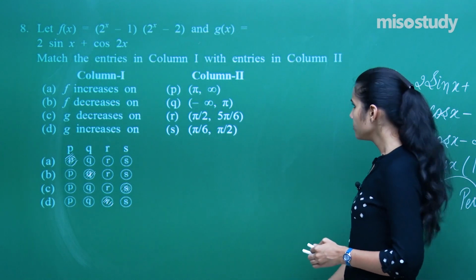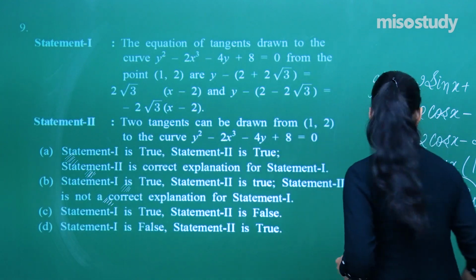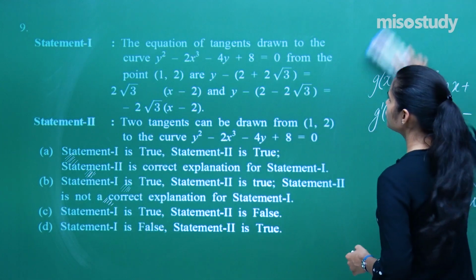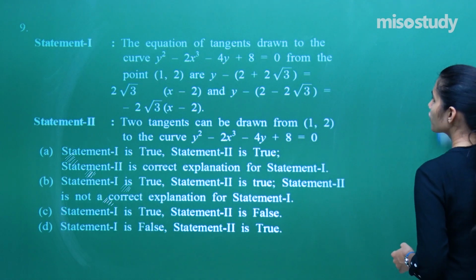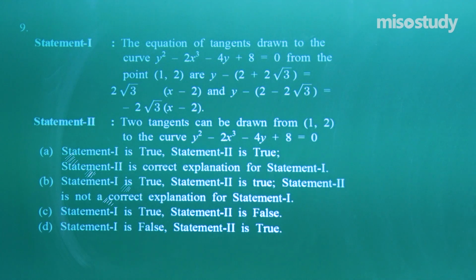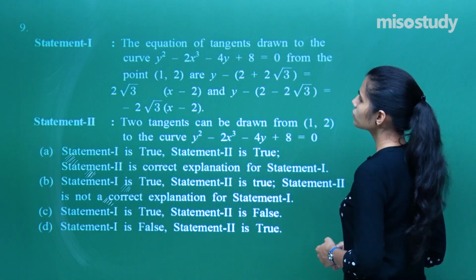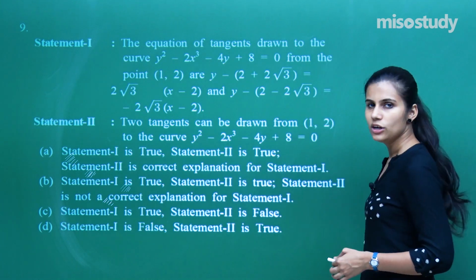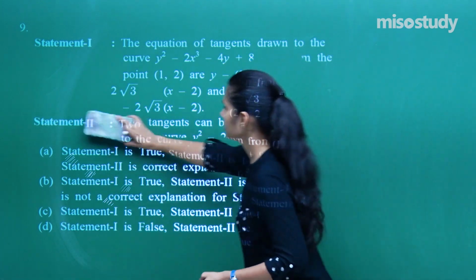Fine. Moving to the next question we have, there are equation of tangents drawn to this curve from this point, are this or not. Okay, so we need to verify whether the equation of tangent drawn from 1, 2 to the given curve are these given ones or they are not.